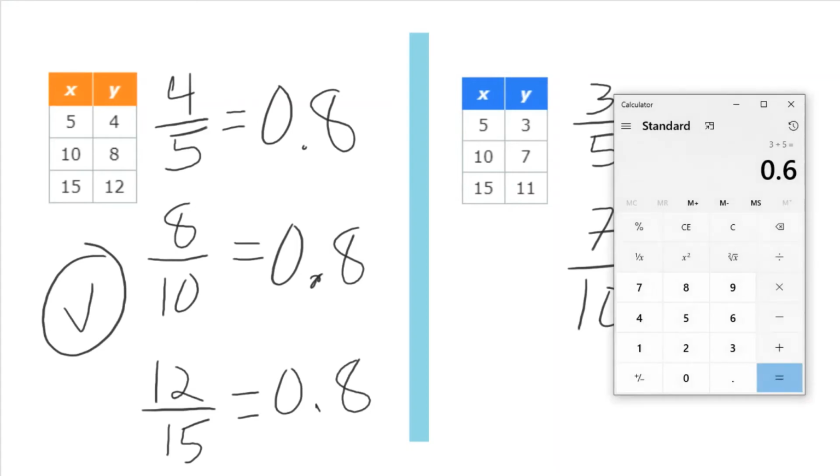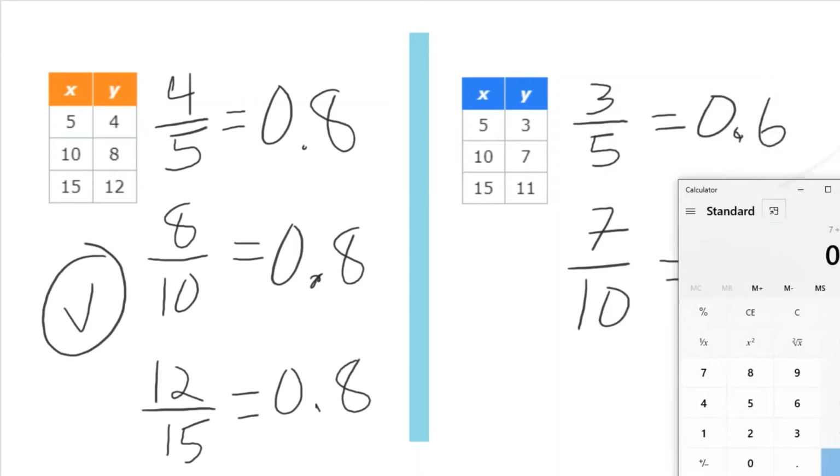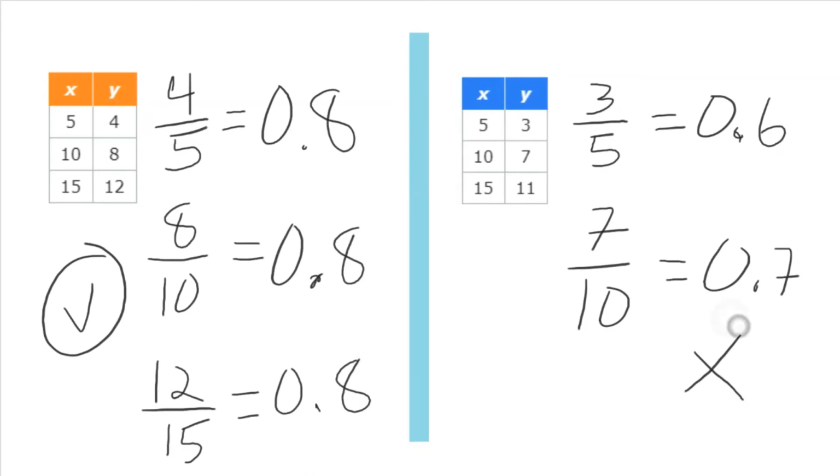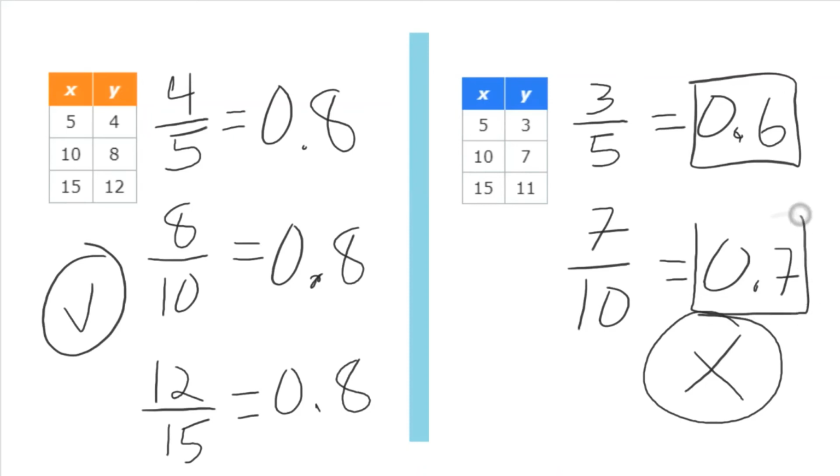Just to prove it to you on a calculator, we have 7 divided by 10, and there it is, 0.7. So, ladies and gentlemen, that tells us that this is indeed not proportional, because just like on slide 1, here we see a difference between this ratio and this ratio.